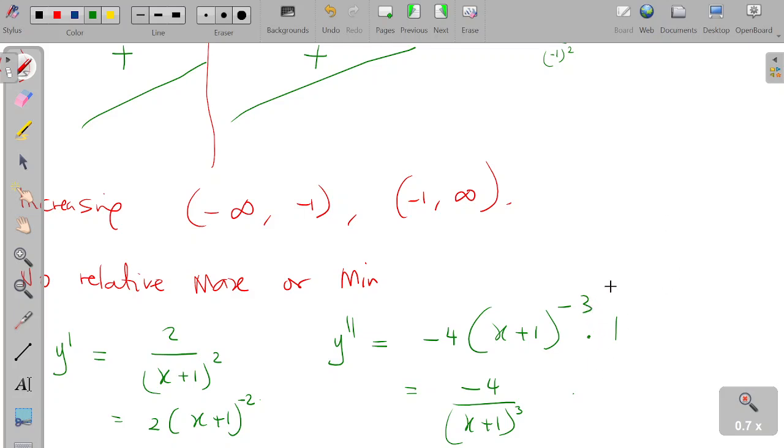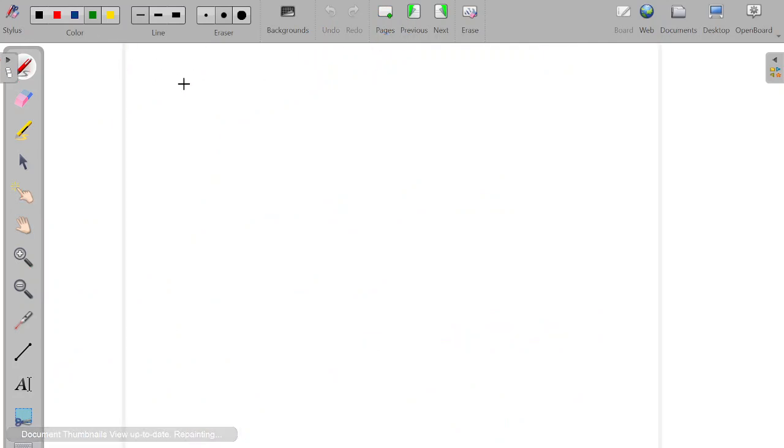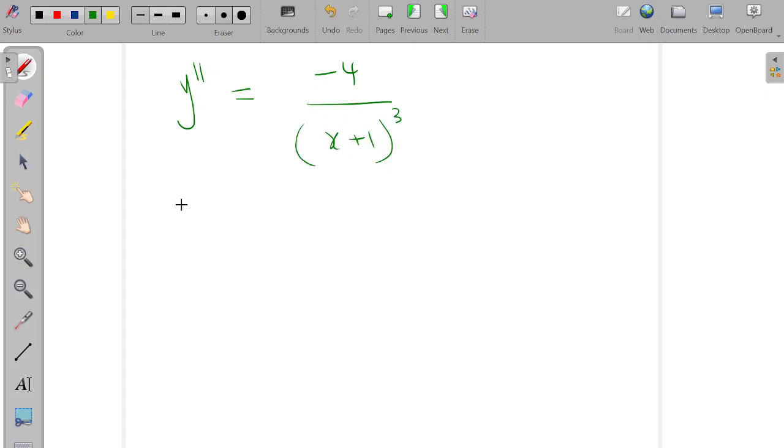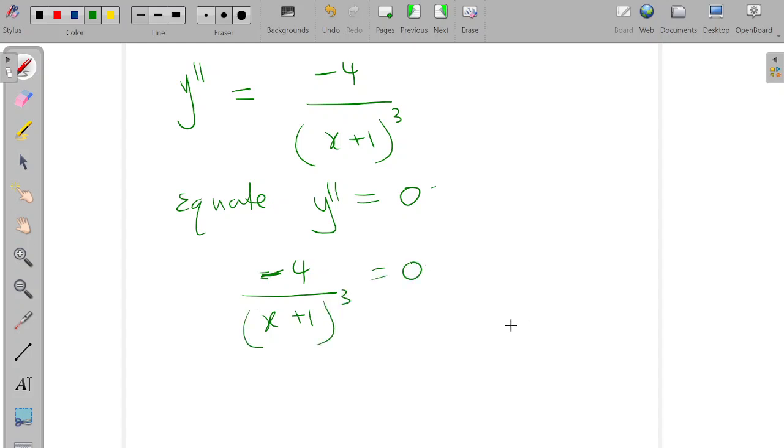Now again, we equate the second derivative to 0. So we get negative 4 over (x plus 1) cubed equals 0. We get a scenario of this again, which is not possible.